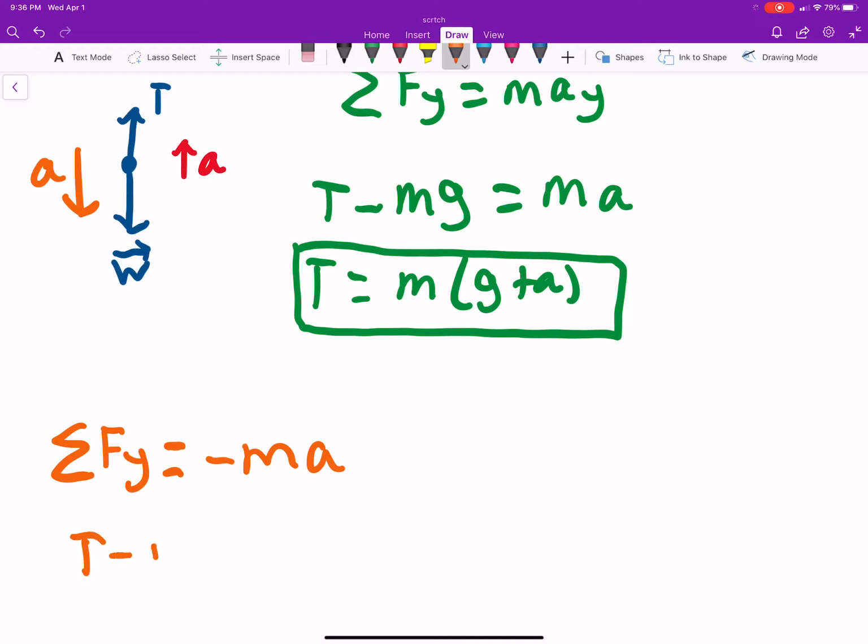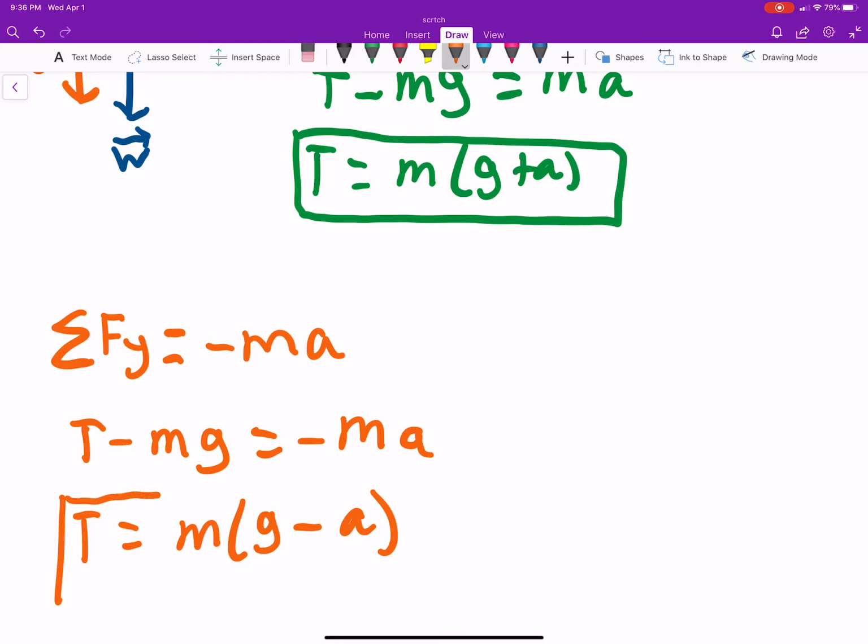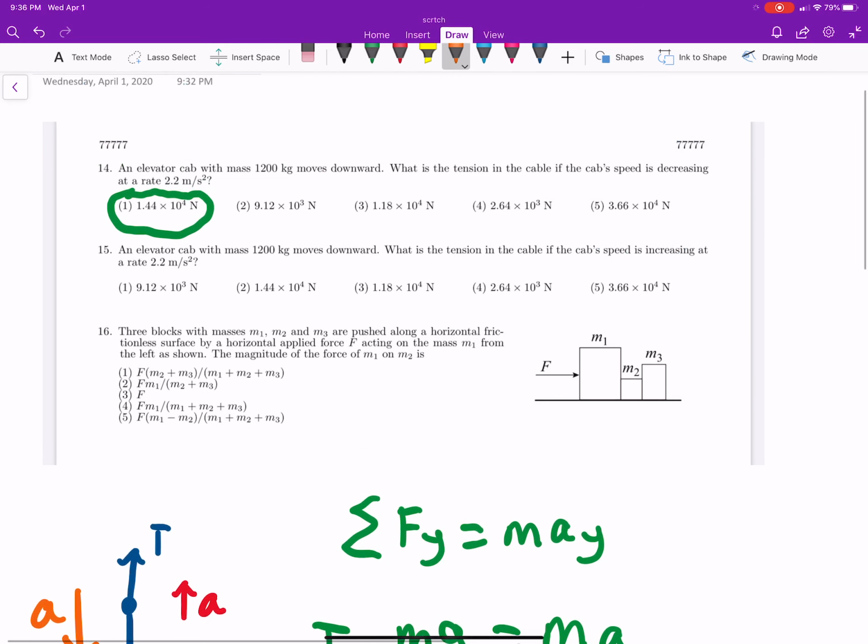So tension minus mg equals minus ma, or tension equals mass times gravity minus our acceleration. And should you plug these numbers in, you should get about 9.12 times 10 to the 3rd newtons.